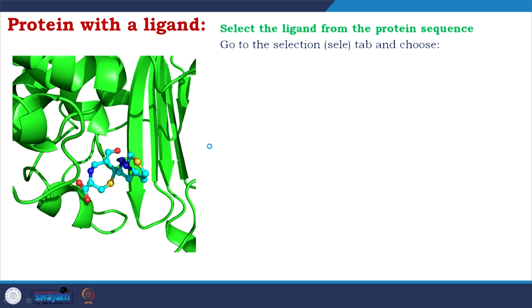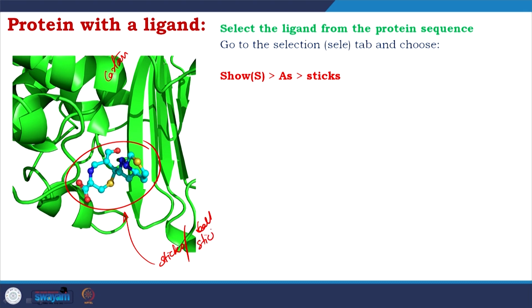You have to go to the select tab and choose show as sticks, so that your protein would be represented in cartoon. If you see, your protein is represented in cartoon here, and then your ligand would be presented as sticks; ball and sticks are the options to generally represent the ligand molecule.